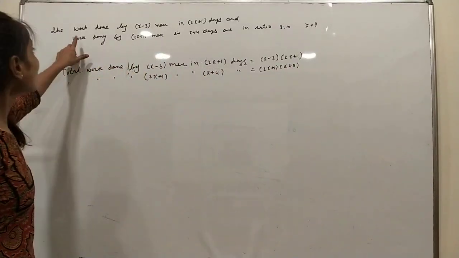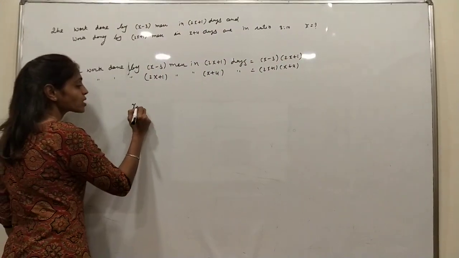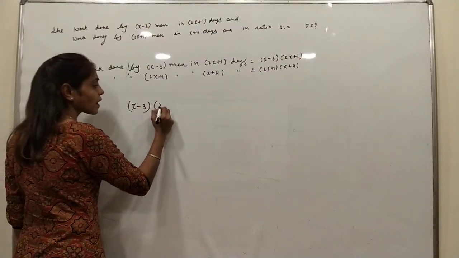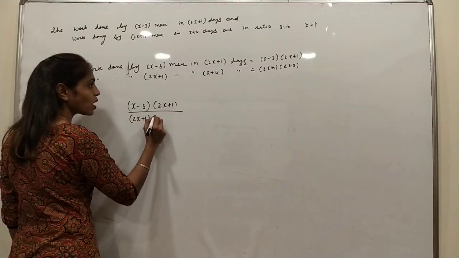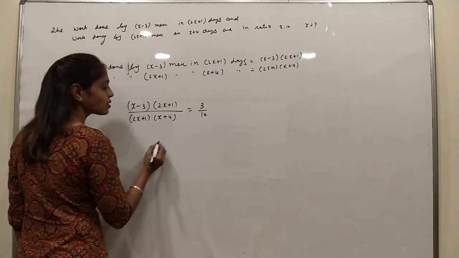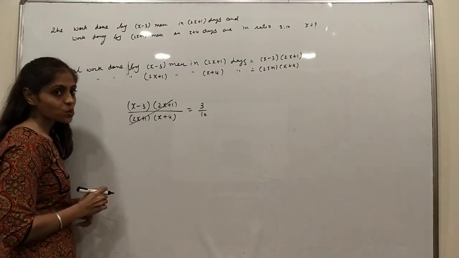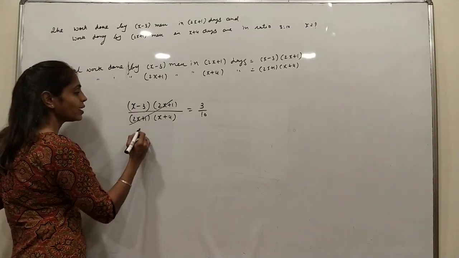But the work done are in the ratio 3:10. So x minus 3 and 2x plus 1, 2x plus 1 and x plus 4 are in the ratio 3:10. 2x plus 1, 2x plus 1, the same term, मतलब same factor is cancelled.